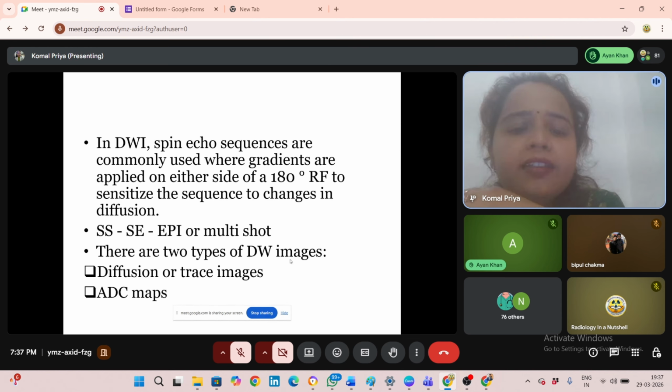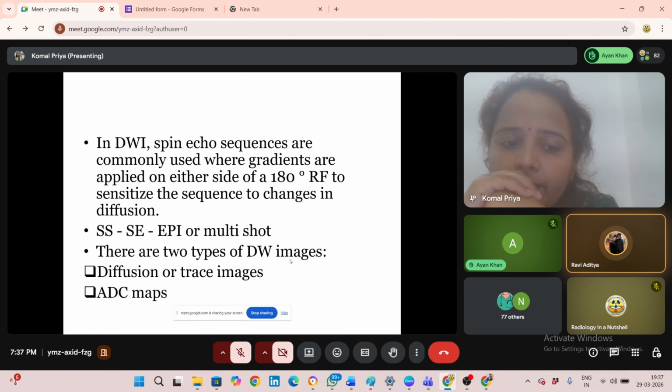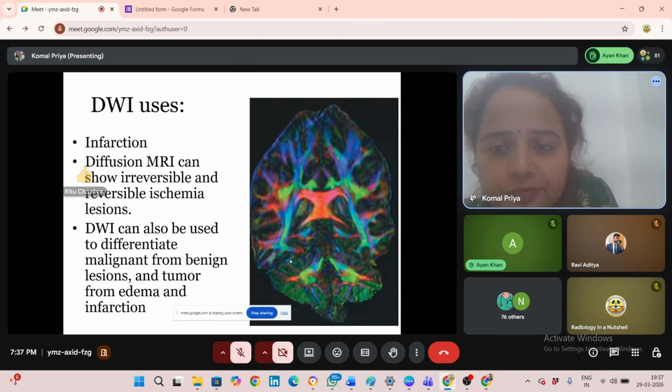So that is the contrast seen on the trace image and on the ADC map. Is it clear? Yes, ma'am. Okay, so you can see the image here.